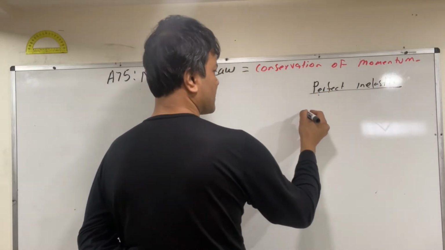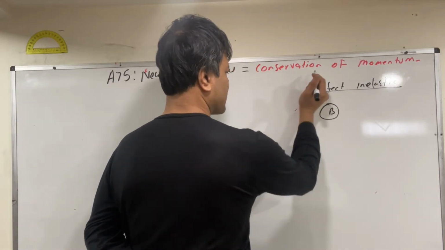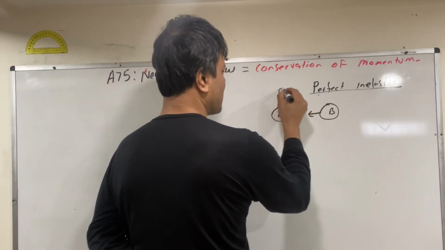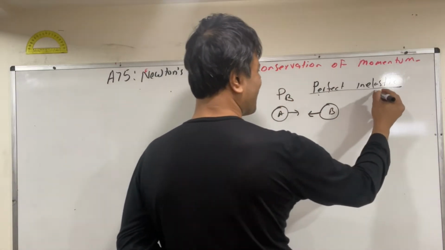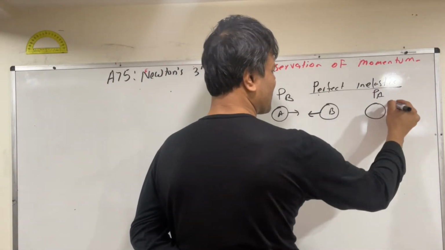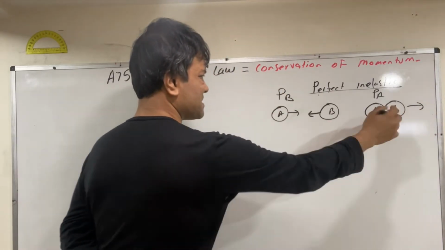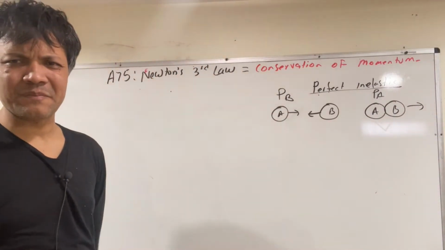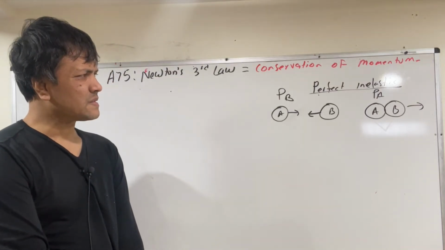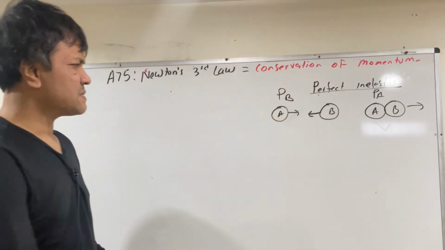So you have a ball A and ball B. Let's separate them, and they move toward each other. So momentum before and momentum after: when they collide, they stick together, A and B, and they move in the same direction, either this direction or this direction, right? Okay, so that's all about the perfect inelastic collision. And then what is the evidence? They stick together.